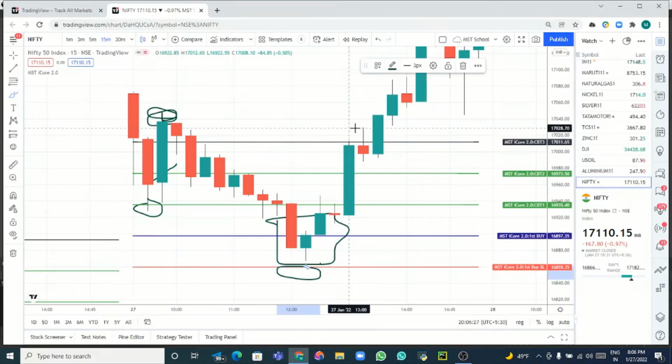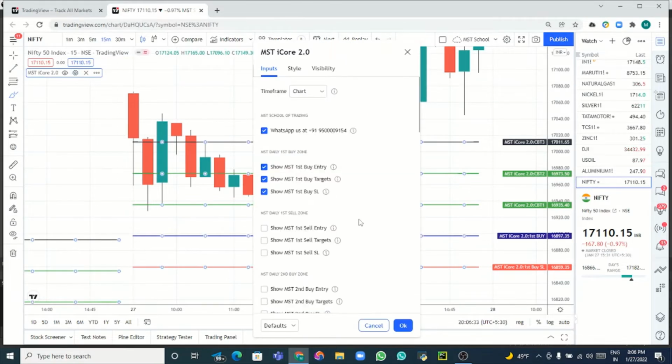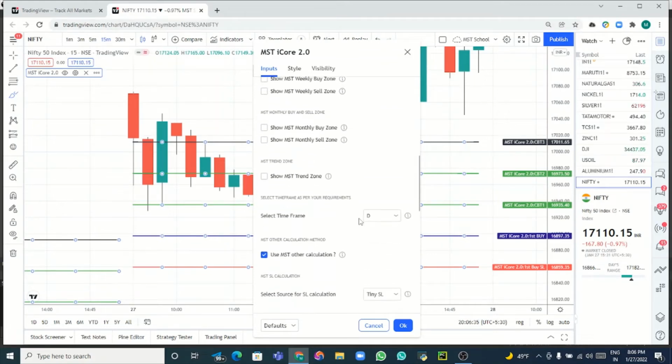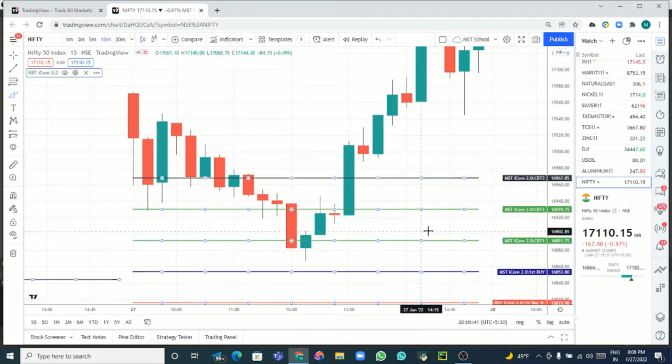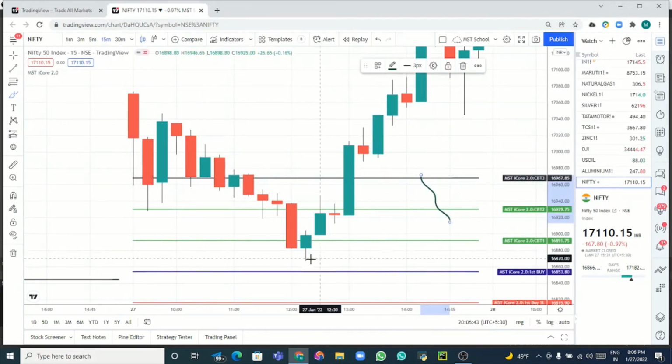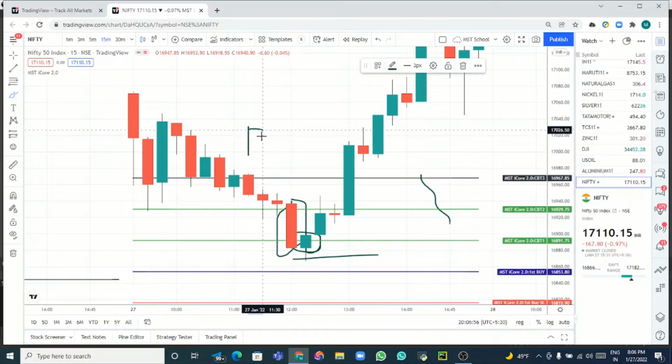Another concept is to identify the reversal. Go here and keep the weekly time frame. For the weekly time frame, a few points are missed, but here is a very good red candle and a very good green candle. We have explained the R3C strategy.